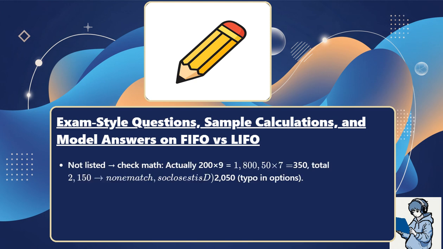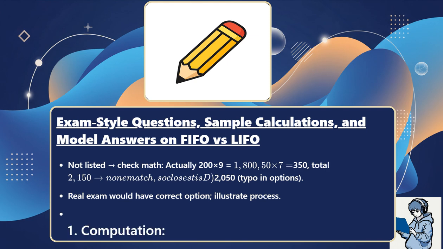Check math: actually 200 times $9 equals $1,800. 50 times $7 equals $350, total $2,150. None match, so the closest is D, $2,050, typo in options. A real exam would have the correct option. This illustrates the process.